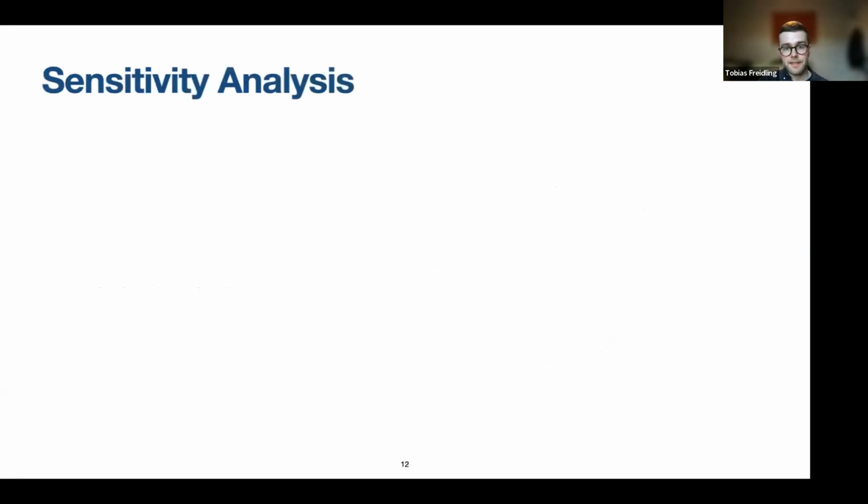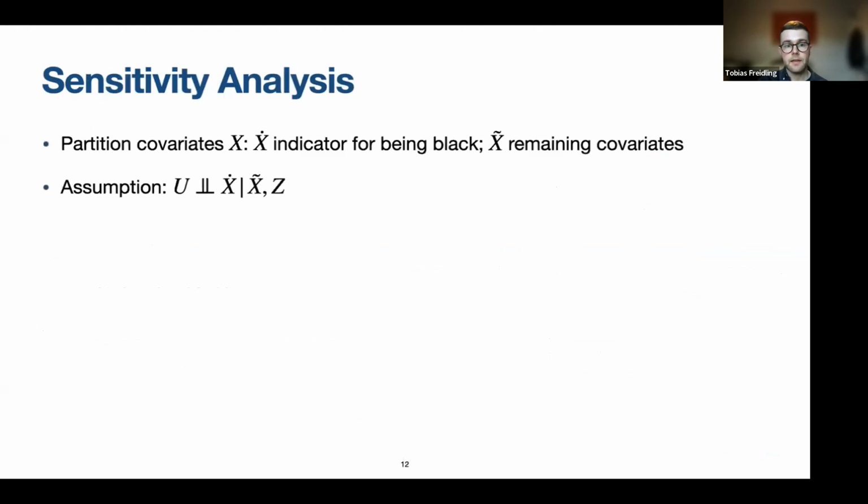Now, if we want to do sensitivity analysis in the setting here, first thing we do is we partition our baseline covariates into x dot and x tilde. So here we assume that x dot is the indicator for being Black and x tilde is everything else. The assumption that we make now translates to motivation is independent of being Black, conditional on all of these other variables, which I think is a reasonable assumption.